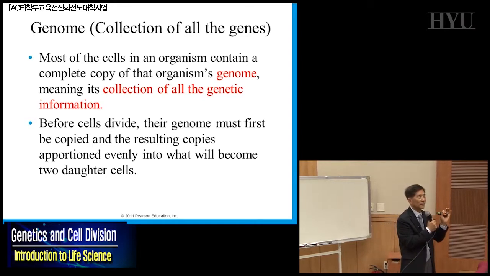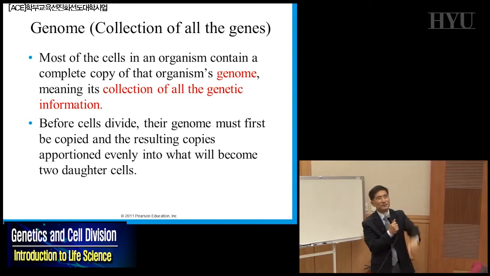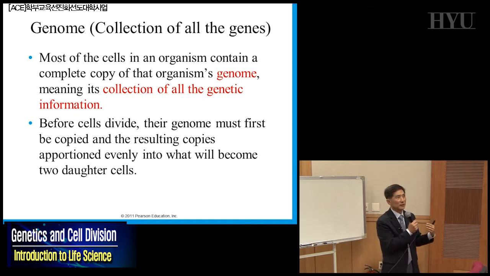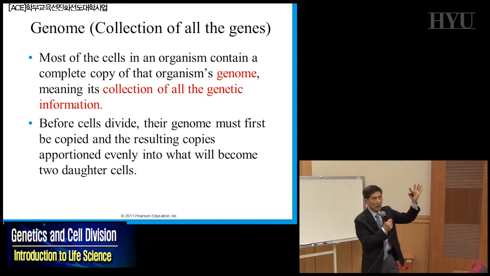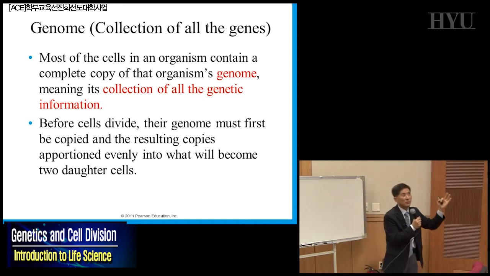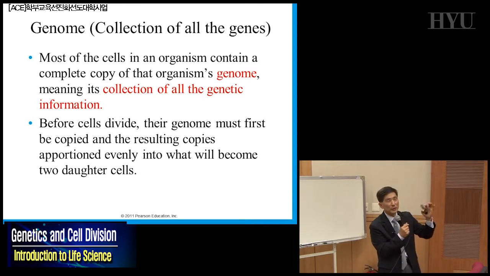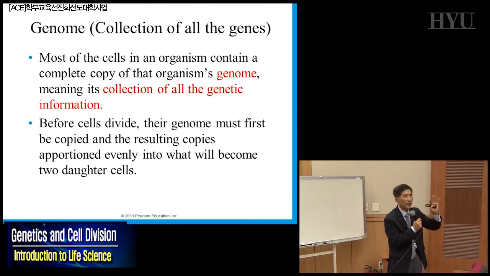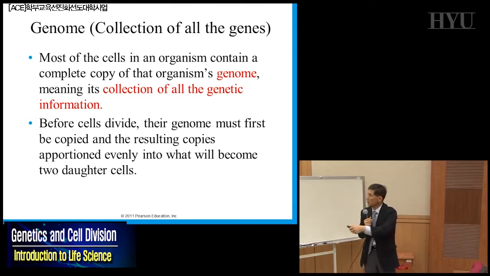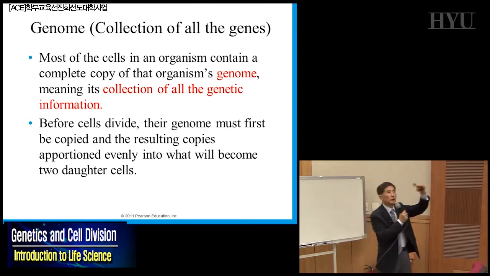Where? It used to be a microorganism, and they decided to come into the cell. Mitochondria and chloroplast have their own small DNA. But don't worry about it. Let's just say genome means the whole collection of the genes, all the DNA information that you have.